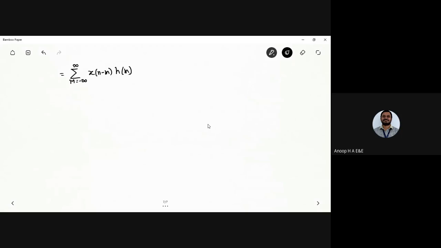So for x of n minus m into h of m, I can write it as the convolution nature, which is already there, right? So what I can write here is x of n convoluted with h of n to be equal to sigma m equals minus infinity to plus infinity x of n minus m h of m.